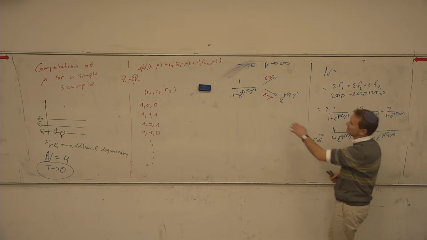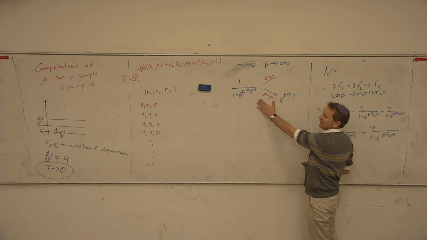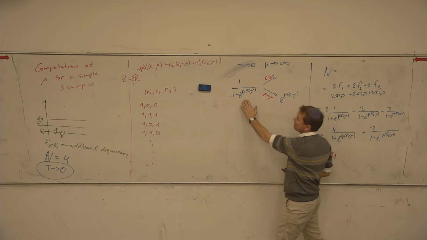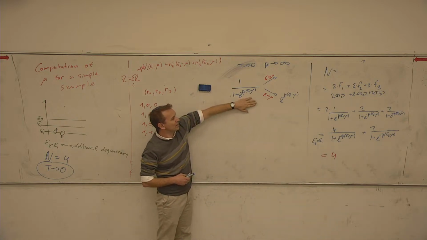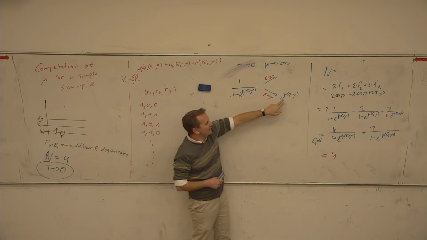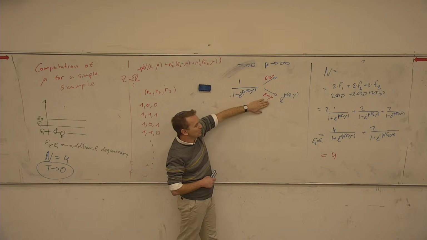Something wrong over here? You're thinking Taylor not on the exponent, but yes. So what I'm trying to do is the following thing. If I have epsilon minus mu, which is very, very small.